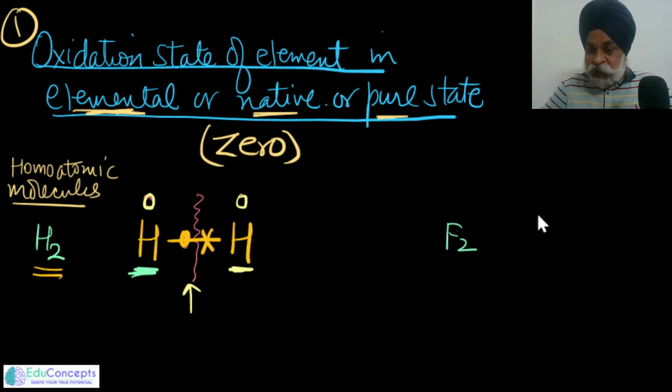Say for example, if I go for fluorine, generally in the books we also tell you that the oxidation state of any element in its native state is 0. Why is it 0?